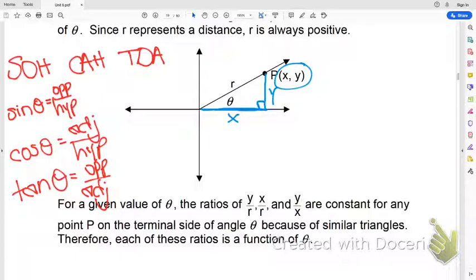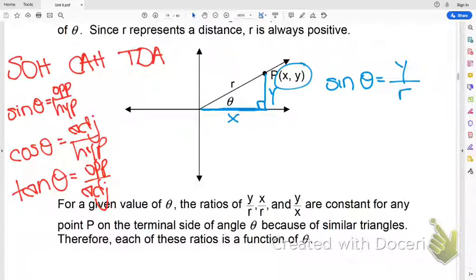Now, using your sine, cosine, tangent definitions that you're a little bit more familiar with, let's set up sine, cosine, tangent using these letters. So if sine, we know, is the opposite side from the angle over the hypotenuse, what's the opposite side in my picture? Y over, what's the hypotenuse?